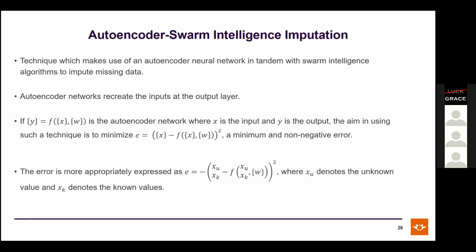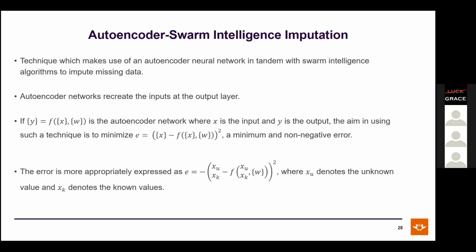So autoencoders are neural networks. Swarm intelligence will be the likes of genetic algorithm, particle swarm optimization, ant colony optimization and the likes. Now, an autoencoder network, what is it? Basically, it's a network where the input and the output are the same. So in the architecture of an autoencoder network, the number of inputs equals the number of outputs.